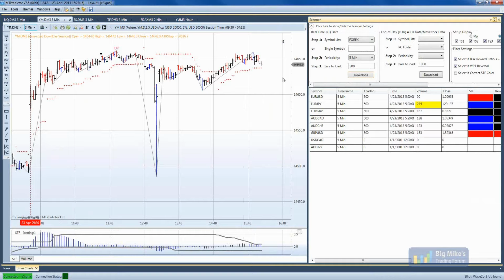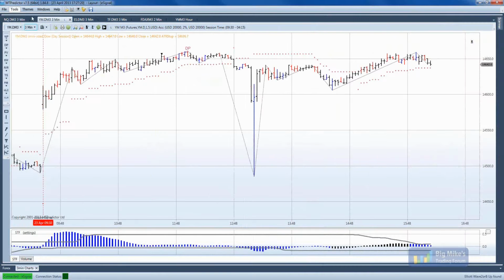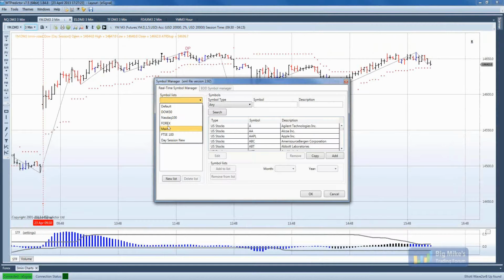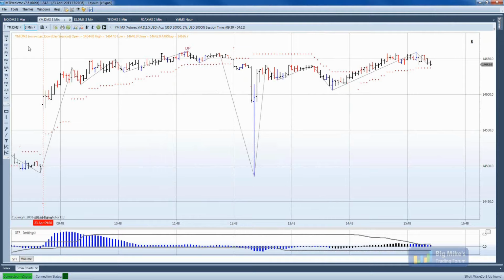We set these up in our symbol manager, and in here we can create any symbol list we want by taking markets from our predefined symbols, and you can create lists as you wish.